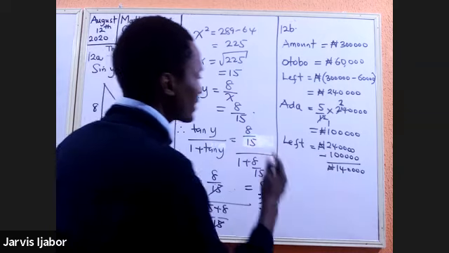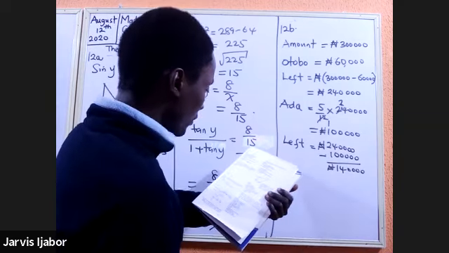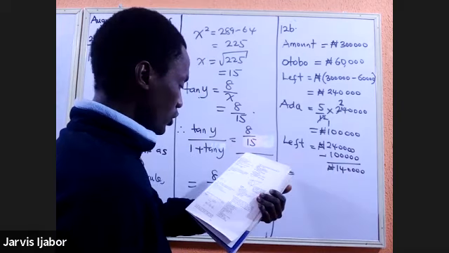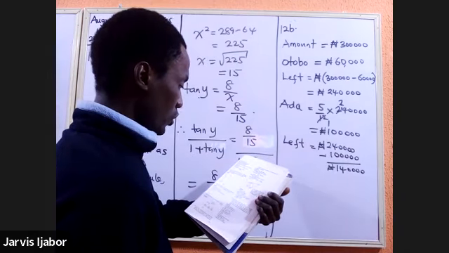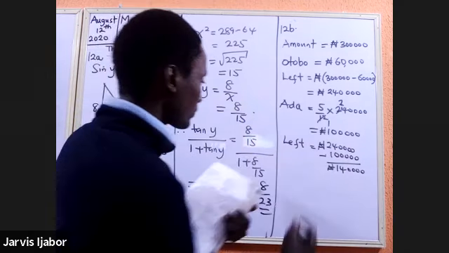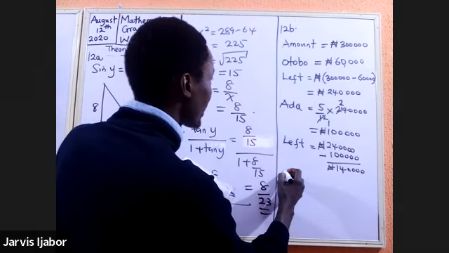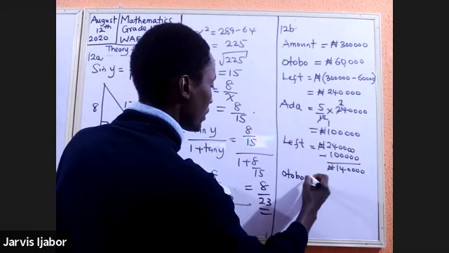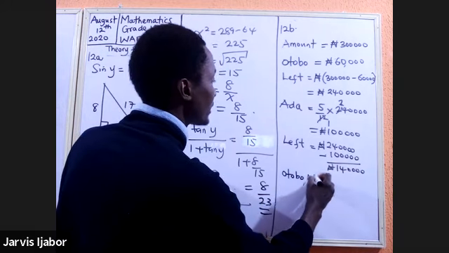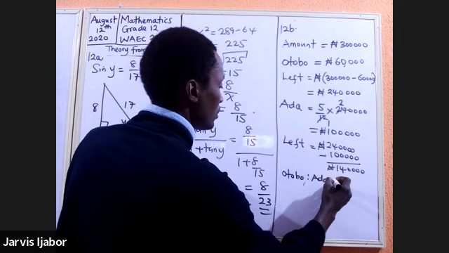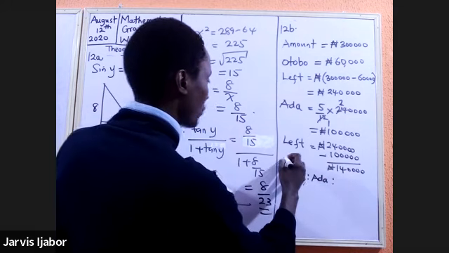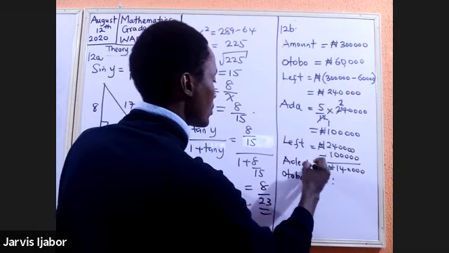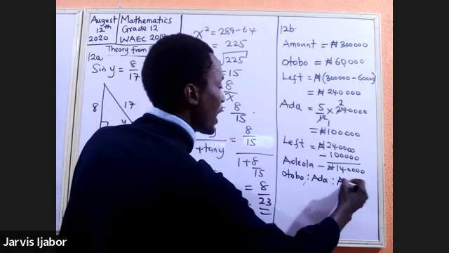So the next thing now, it says you find the ratio of their shares. Let's take Otobo first. Otobo is to Ada is to Adiola, and this left is for Adiola.